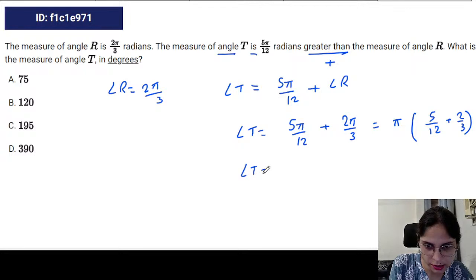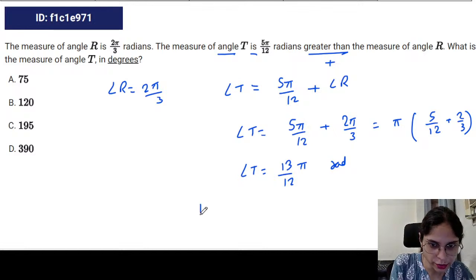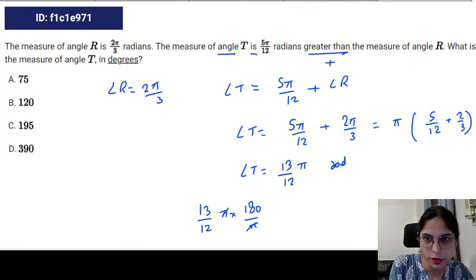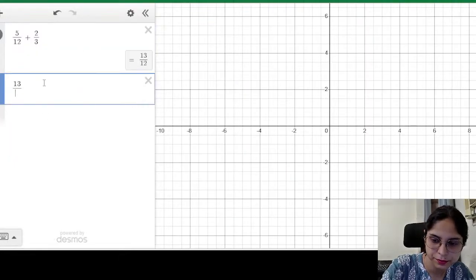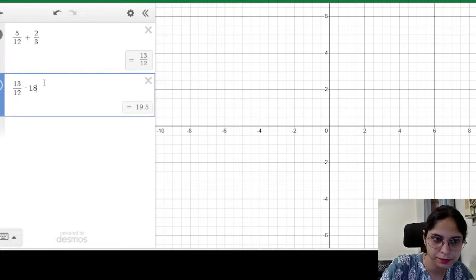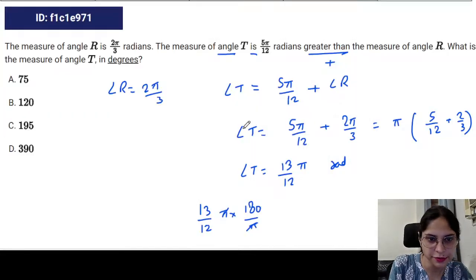So angle T is 13 over 12 pi radians. To get into degrees, you do 13 over 12 pi times 180 over pi. So basically just times 180. Answer is 195.